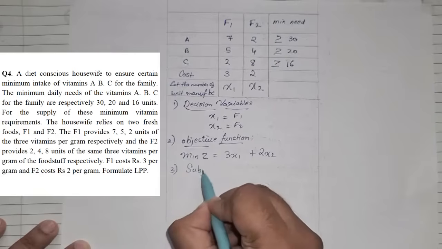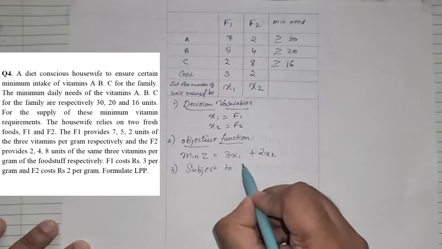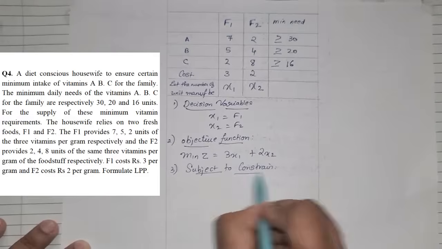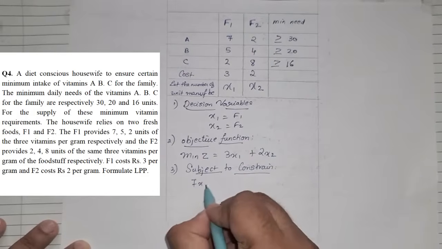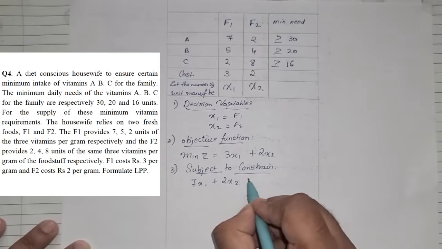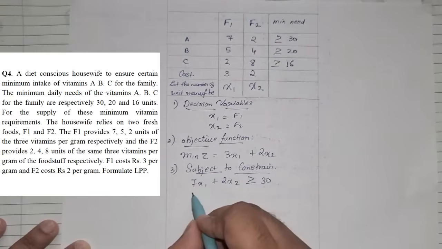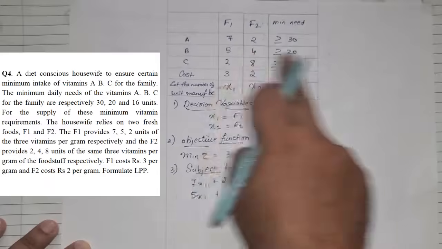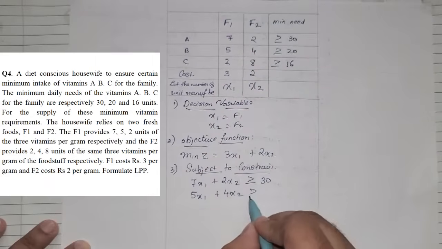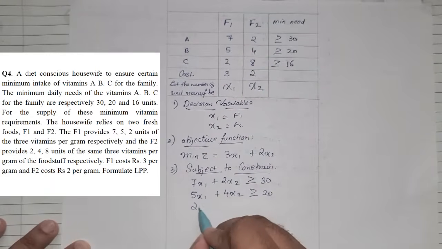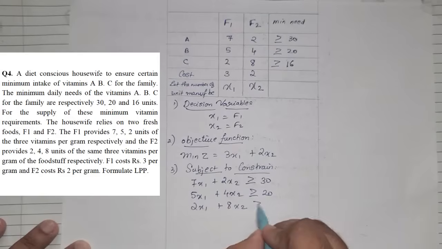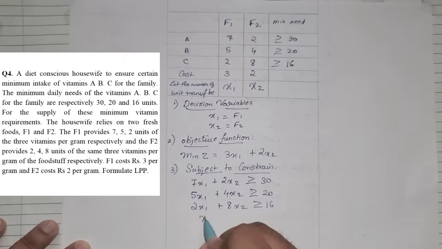Third, subject to constraint, we have 7x1 plus 2x2 greater than equals to 30. 5x1 plus 4x2, this is the equation. We are forming the equation of the constraint, greater than equals to 20. 2x1 plus 8x2 greater than and equals to 16, and non-negativity x1 and x2 has to be greater than and equals to 0.